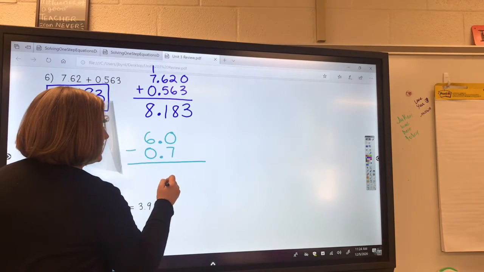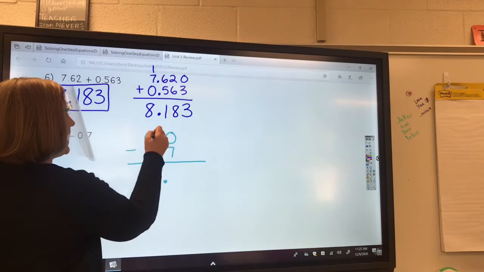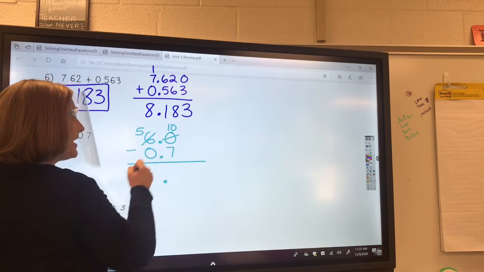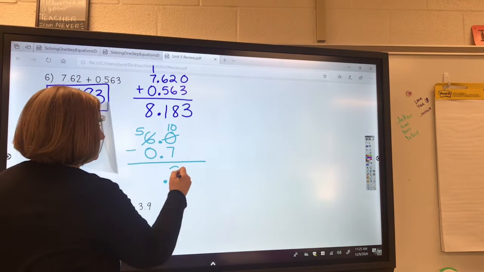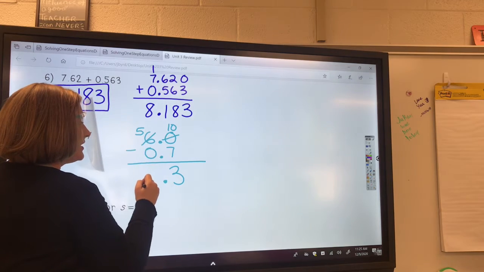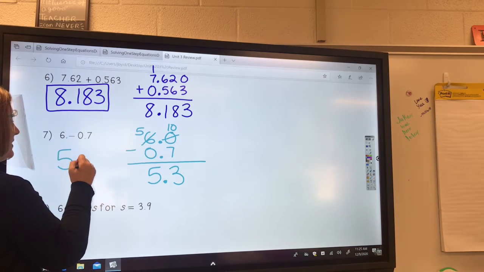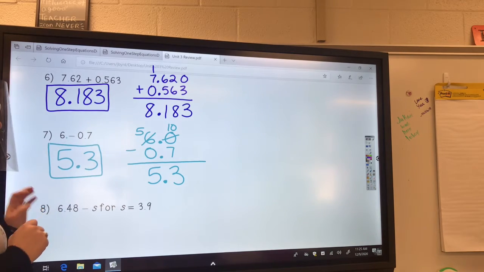Bring my decimal down. 0 minus 7. Can't do it. So what do I have to do? Borrow from the 6. 10 minus 7 is 3. 5 minus 0 is 5. So our answer is 5 and 3 tenths.